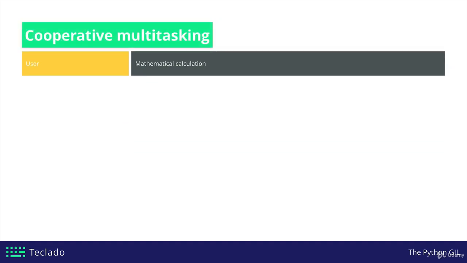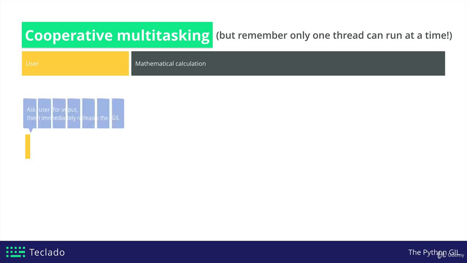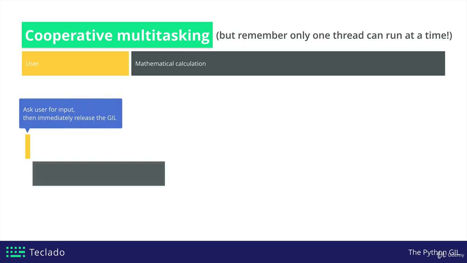So we can instead do cooperative multitasking. But you must remember, no matter what we do, we can only run one thing at a time. So here's what cooperative multitasking would look like in Python. This is one of the exciting bits about Python, by the way. First, you would run some of the user code where you would ask the user for input. And then you'd immediately release the GIL and run your mathematical calculation.